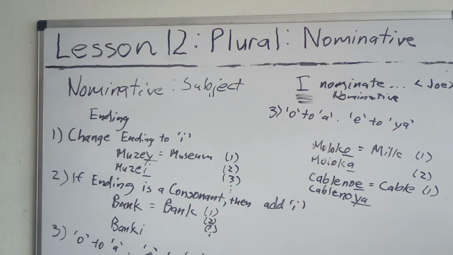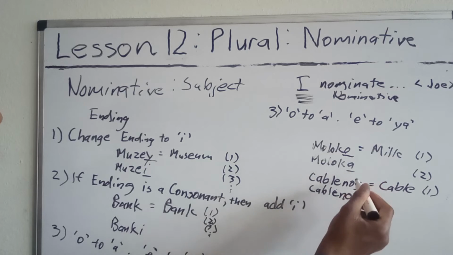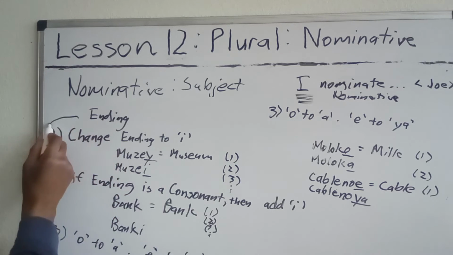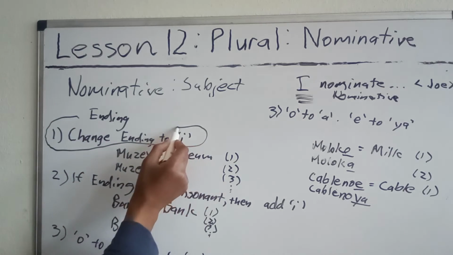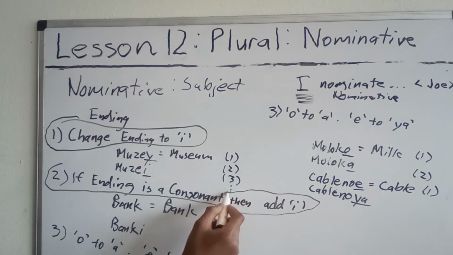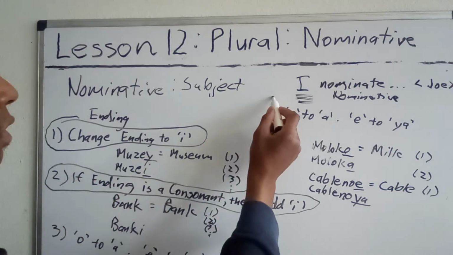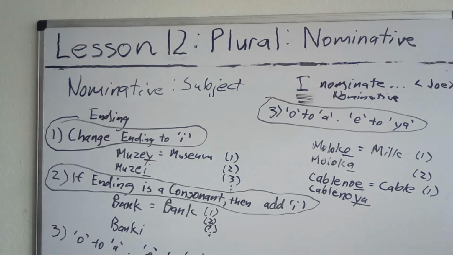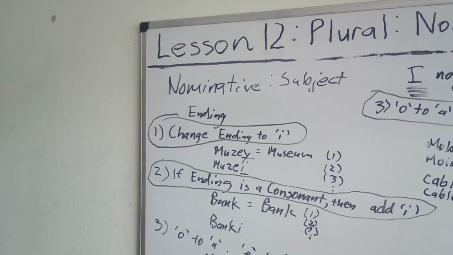Kabelno becomes Kabelnoya. So O to A to Ya. Right? Pretty simple, huh? So if you learn these three rules, then you should be able to change the subject noun of just about any noun in Russian.